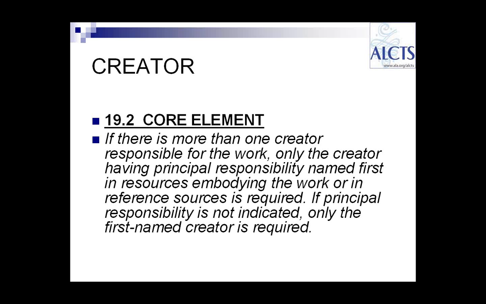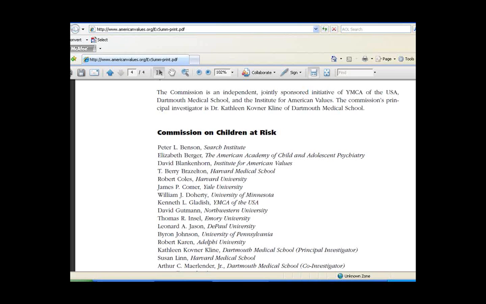So, for example, suppose you were cataloging this report and it indicated that the report was authored by the commission members, and this happens to be a list of the commission members.